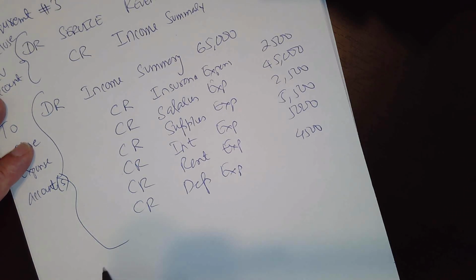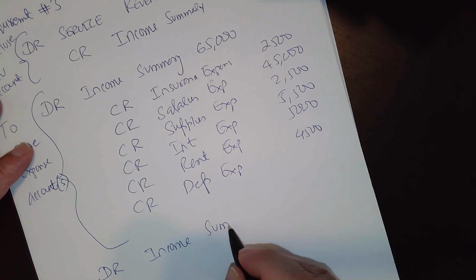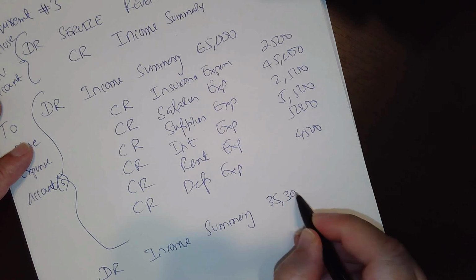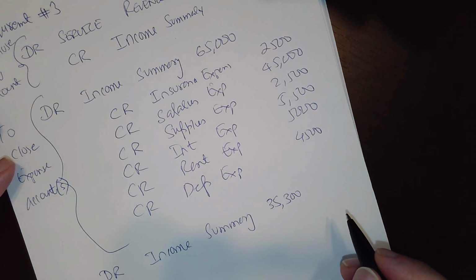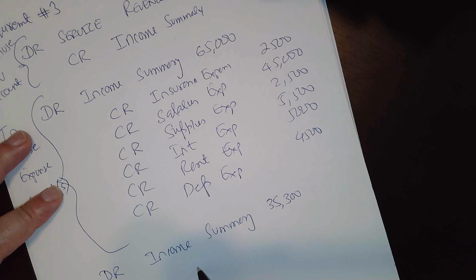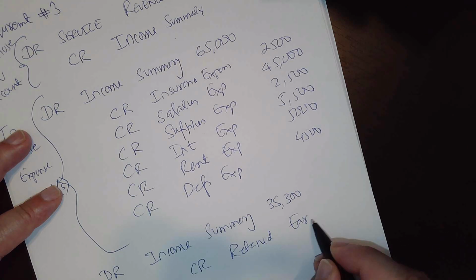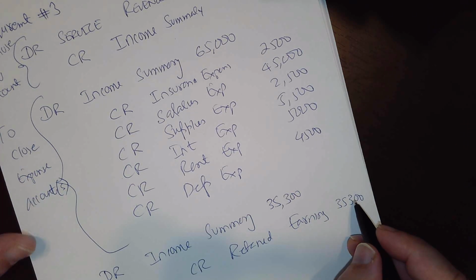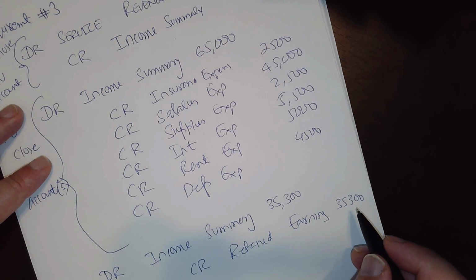Then we debit income summary for 35,300, and then we credit retained earnings. What was 35,300? 35,300 was our net income.